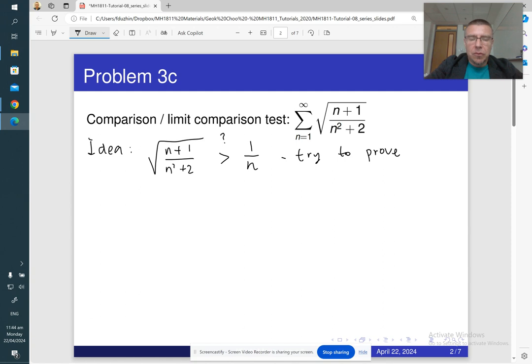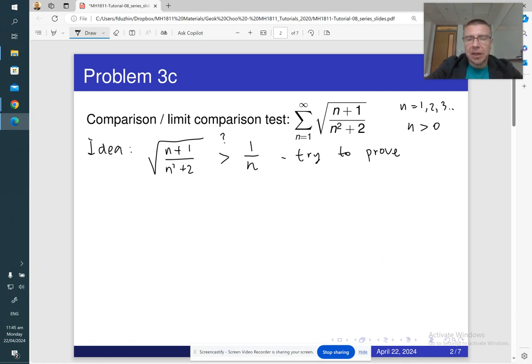Now, if you have an inequality where the left-hand side is bigger than the right-hand side, and here n is a natural number, so n is 1, 2, 3, and so on, n has to be at least positive.